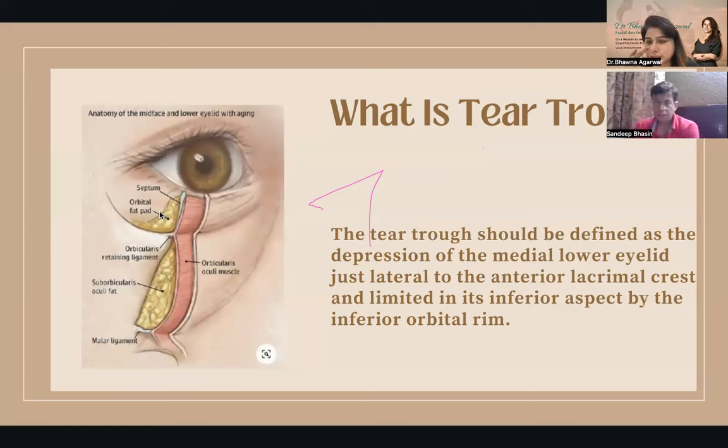Now another test is the earbud test. With a bud, you slightly press this area, the anterior malar area. If by pressing this area there is an improvement in the tear trough, then they're the right candidate for tear trough fillers.